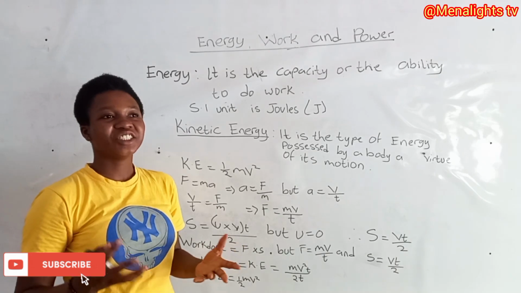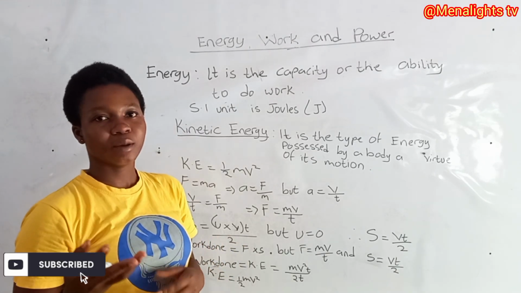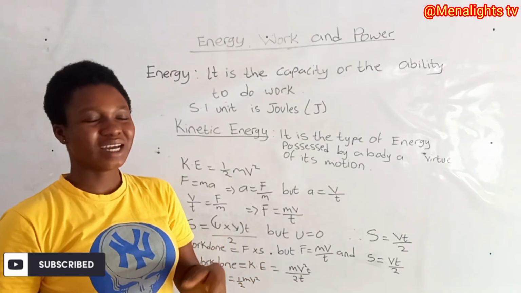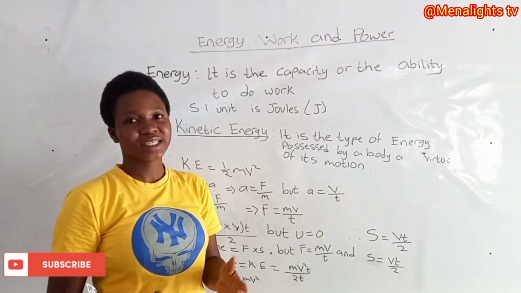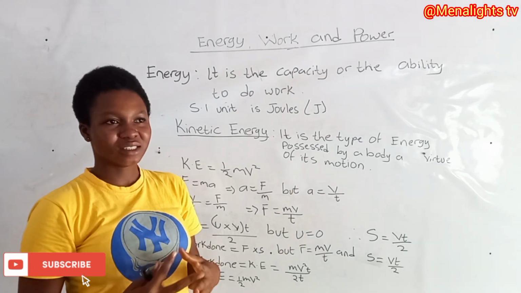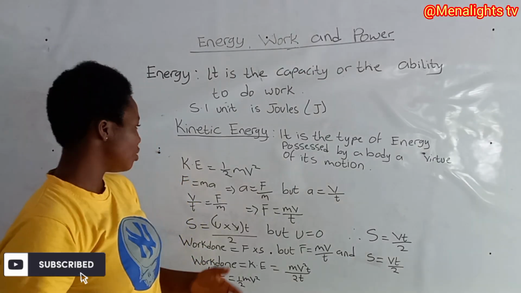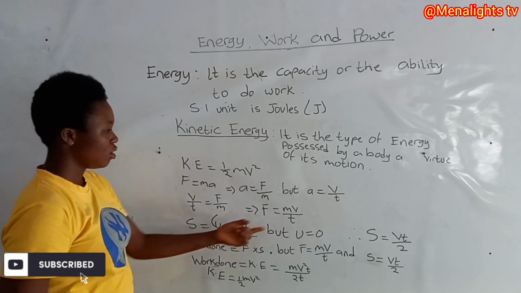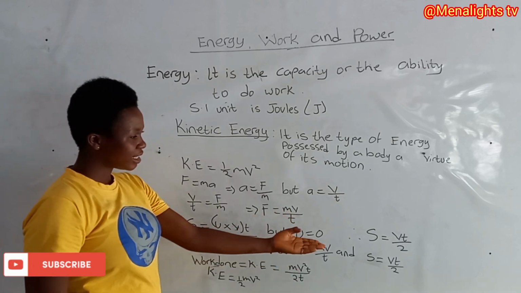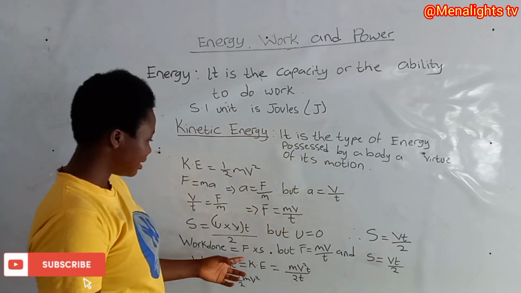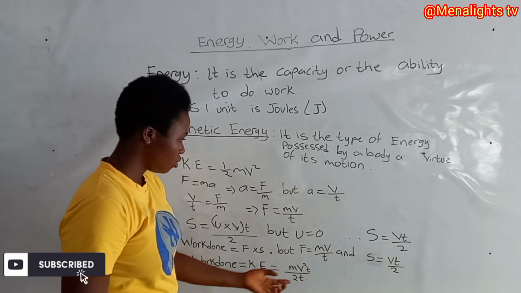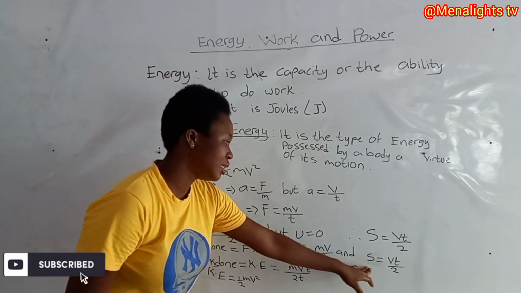Whenever there is a change in kinetic energy of a body, an external work is done. So here we can say that the kinetic energy is equal to the work done. We know that work done is equal to force times distance, and the force here is equal to mv over t, and the distance s is equal to vt/2. So the work done, F times s, is equal to this force times this distance.